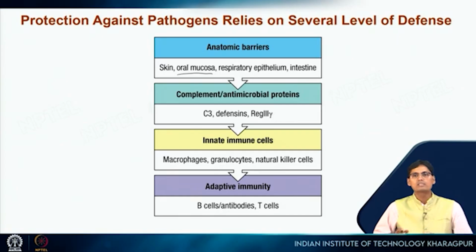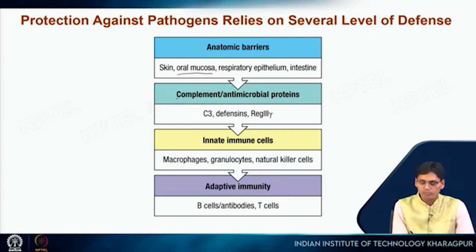In this mucus layer we have immune cells, antimicrobial peptides, many things. And then we have respiratory epithelium, intestinal epithelial layer. All those things are part of our anatomic barrier and are helping us. Then we have the complement system and antimicrobial proteins. All of you know about antibodies, right? Antibodies are part of our adaptive immune system. I will discuss it later.